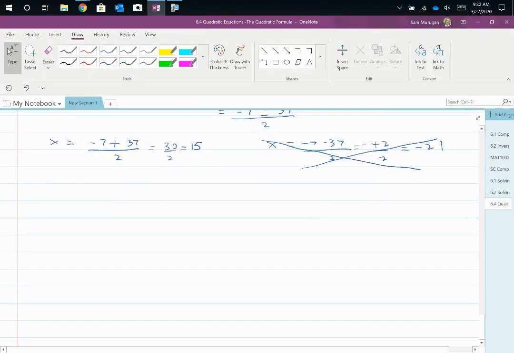So the dimensions are 15 centimeters and 22 centimeters. Remember, x plus 7 is equal to 22.